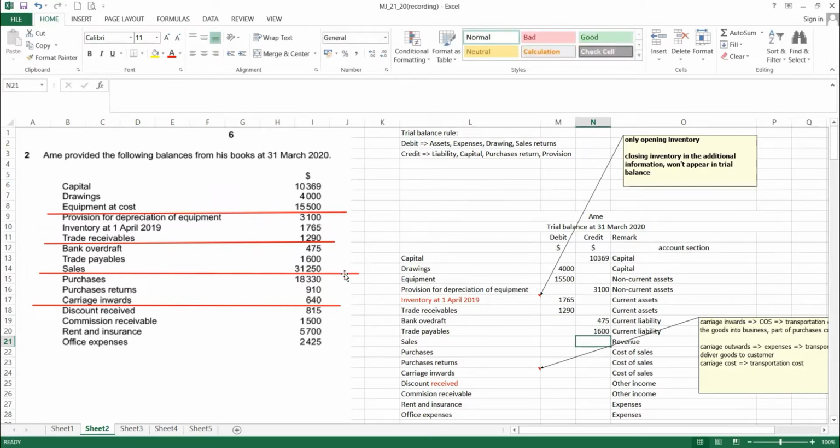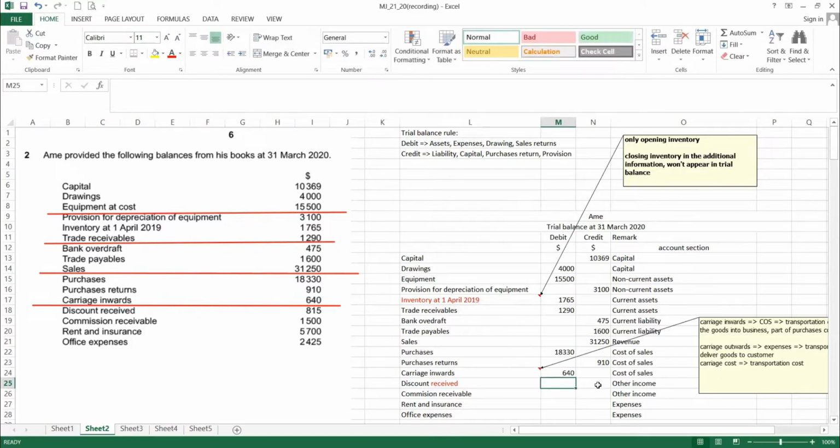Sales is revenue, credit. Next is purchases, 18330. Purchases returned reduces the purchases amount, so it is the opposite. So 910. Carriage inward is part of the purchase cost. That means it's in the debit side.